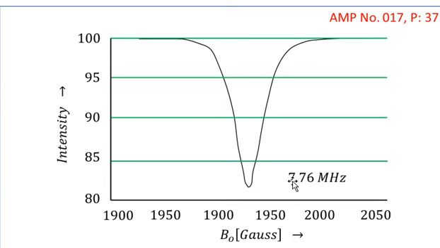So you see that the intensity at the detector will decrease at the resonance condition. And here I have drawn this diagram saying that the value of B1, which is equal to 7.76 megahertz, is fixed, and we are changing the value of B naught.